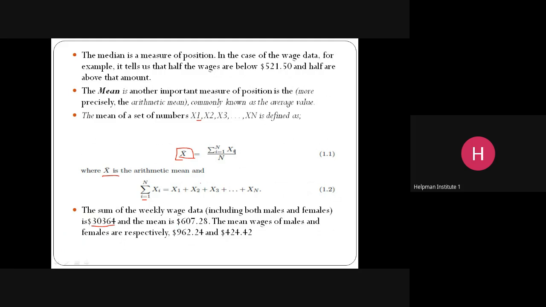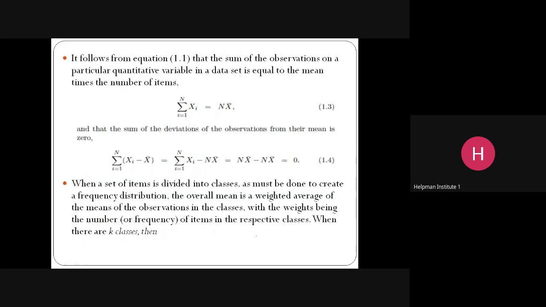That's if we divide it by the total number of observations that we have. So the mean wages of males and females respectively, if we calculate them separately, we get this value here for males, and then the value here, $424.42, for females.